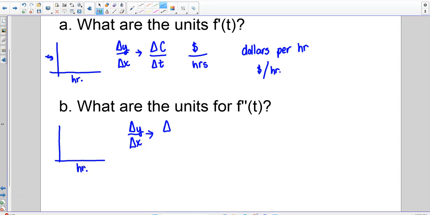It'd still be hours. But our y-axis here would be the answer to the question before, right? It would be dollars per hour. So we're talking about not the change in c, but the change in c prime or f prime, whichever one you want to call it, over the change in t.